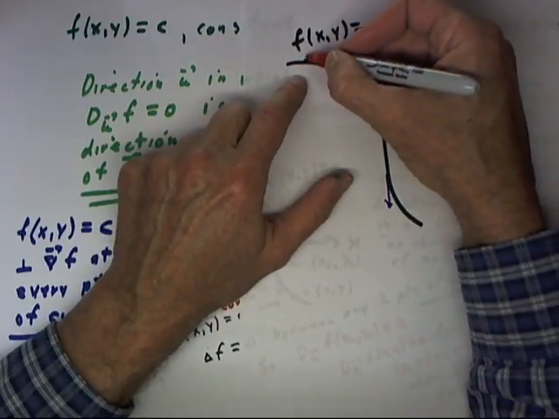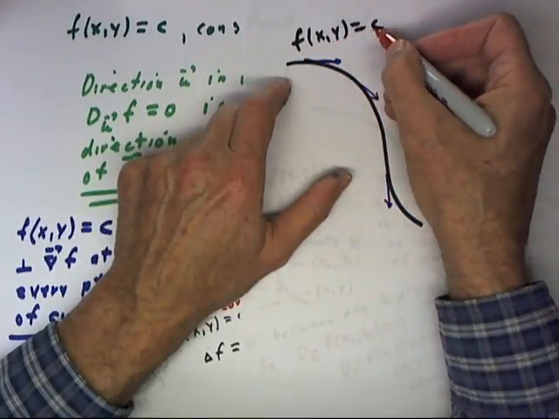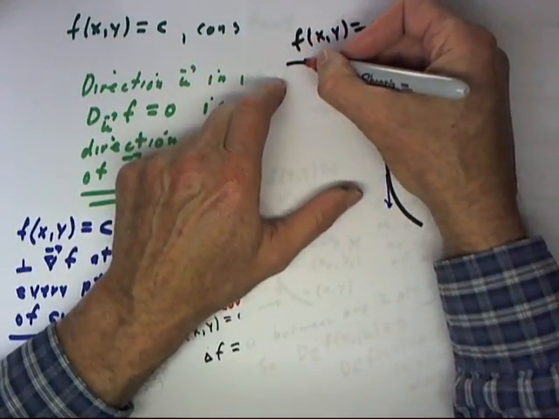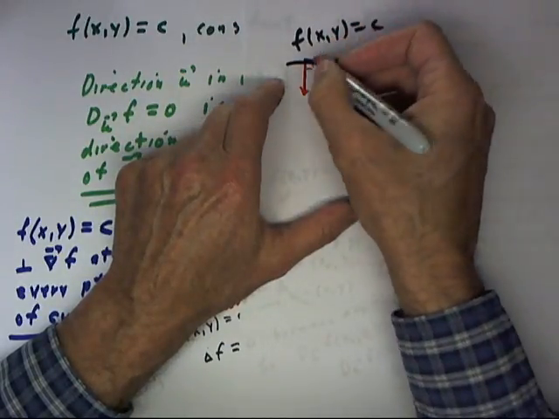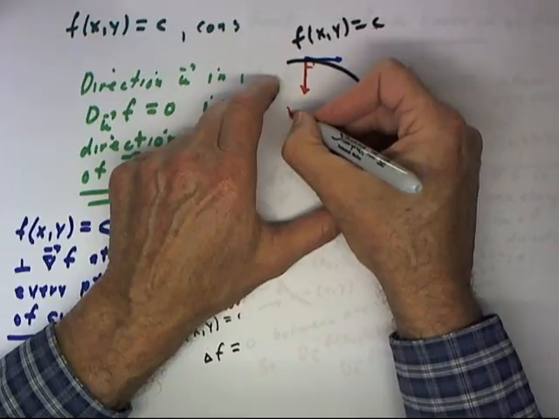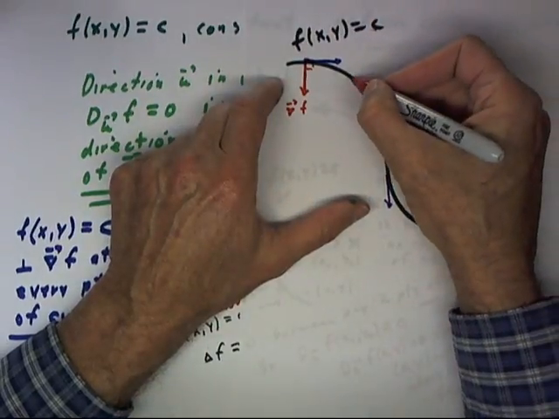The gradient could be in this direction, could be in this direction. Since it's going to interfere with my labeling, I'm going to assume the gradient is in this direction, perpendicular to the tangent vector. So right there's my gradient of f evaluated at this point.